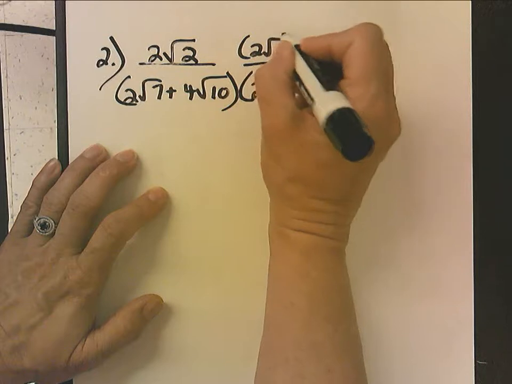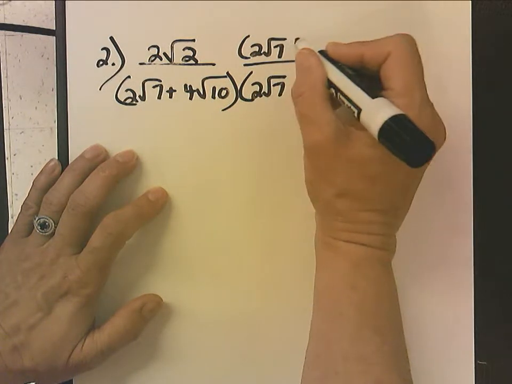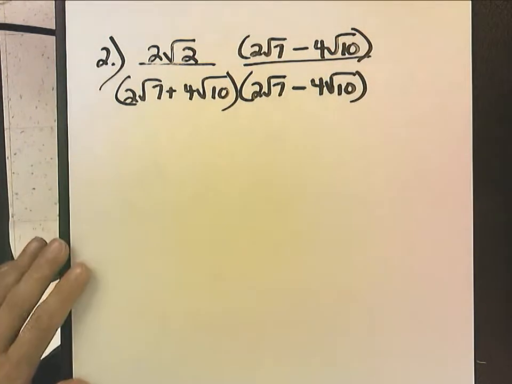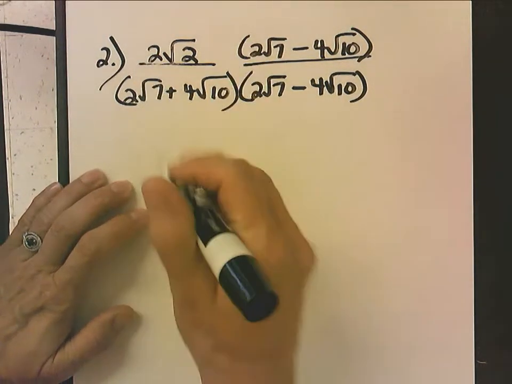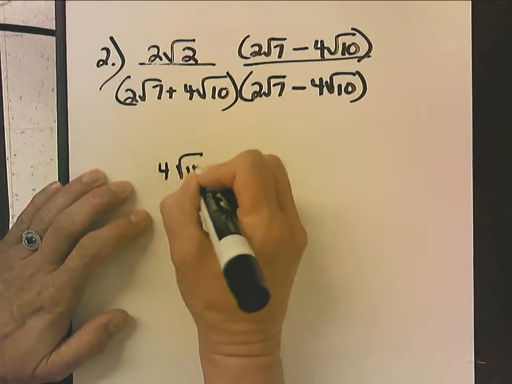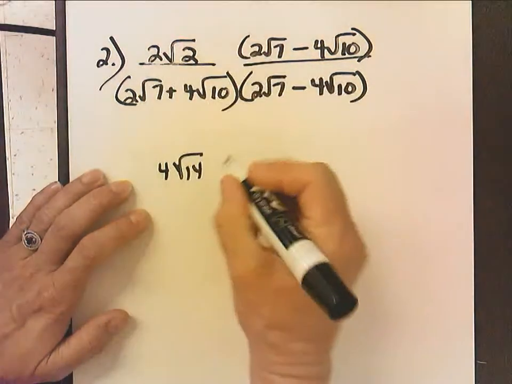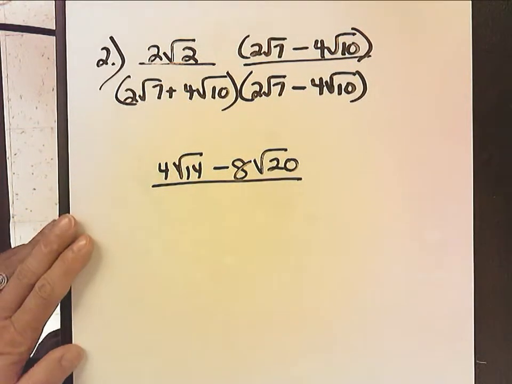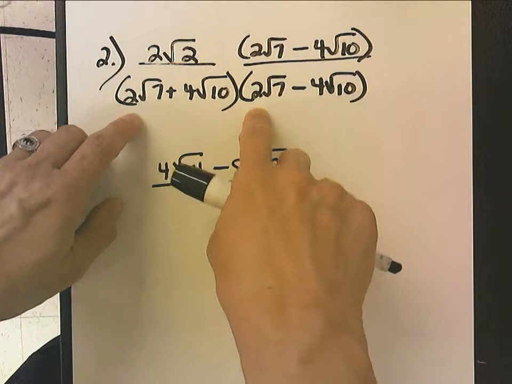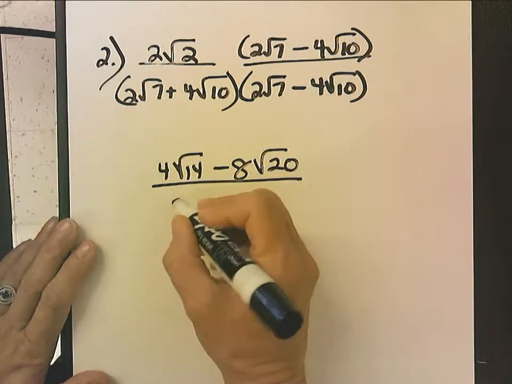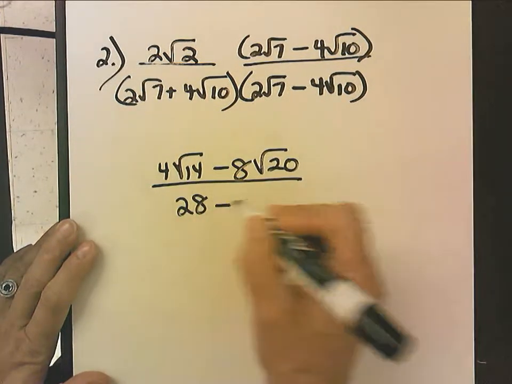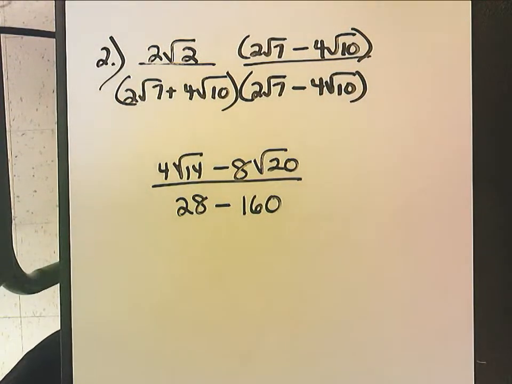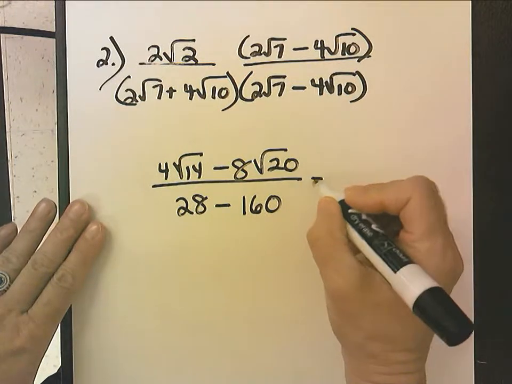So I have to multiply the top by 2 root 7 minus 4 root 10. Okay, so 2 times 2 is 4. I get 4 root 14 on top, minus 8 root 20. And this is all over 4 times 7 is 28, minus 16 times 10 is 160. So far, I just want to make sure you're good.